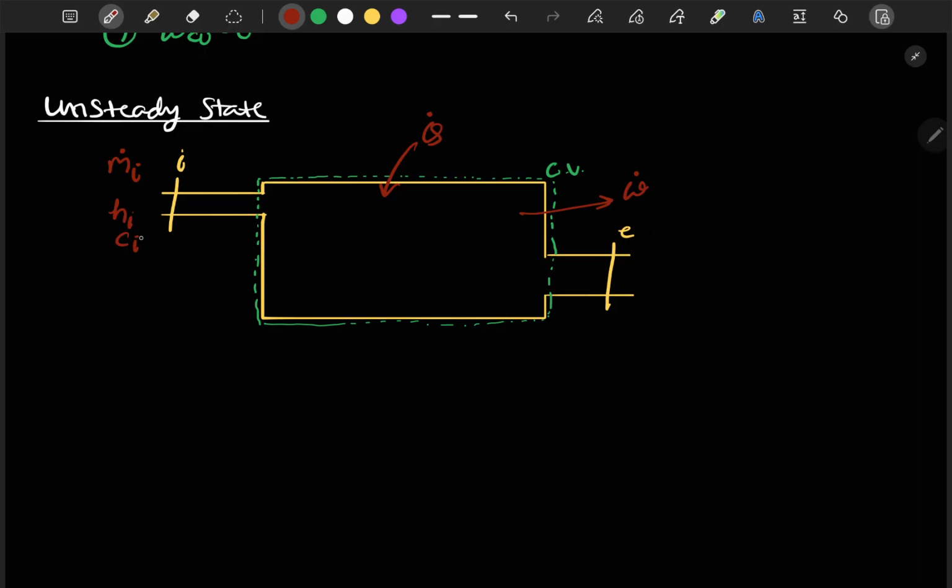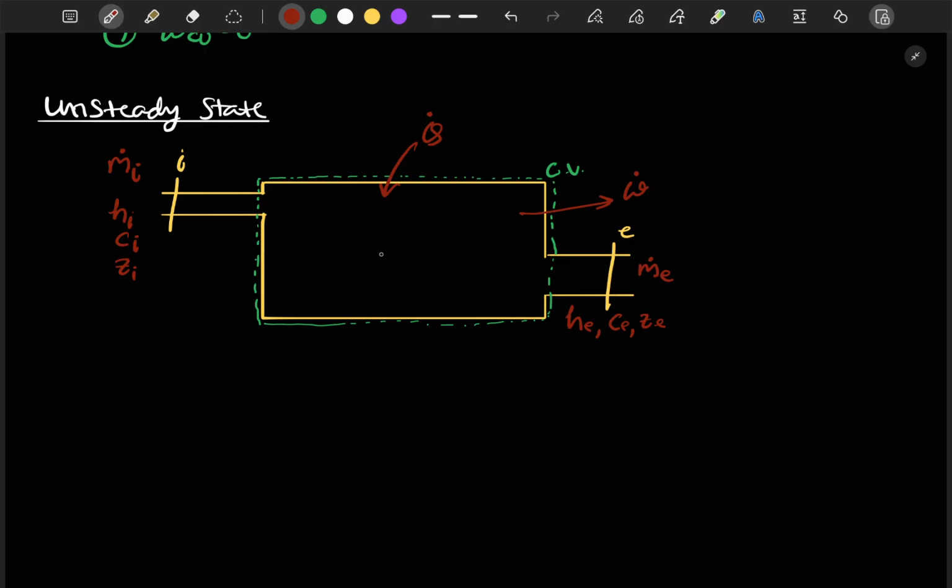Ci is the speed at which the fluid is entering, and Zi is the height at which it is entering. Similarly at exit we can define He, Ce, and Ze, and the mass flow rate exiting at the rate of me dot.